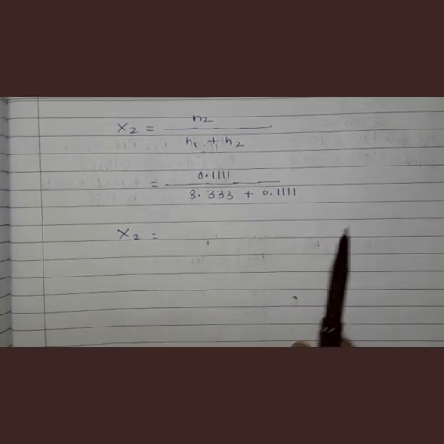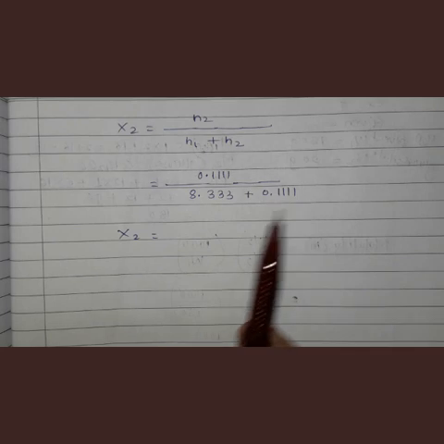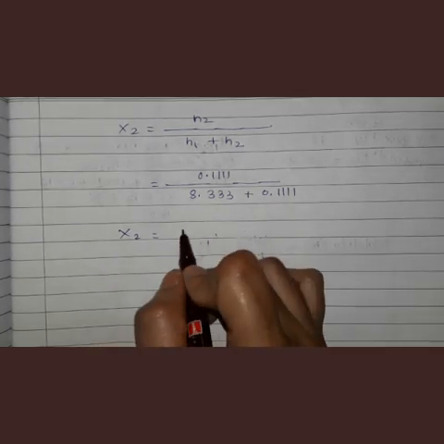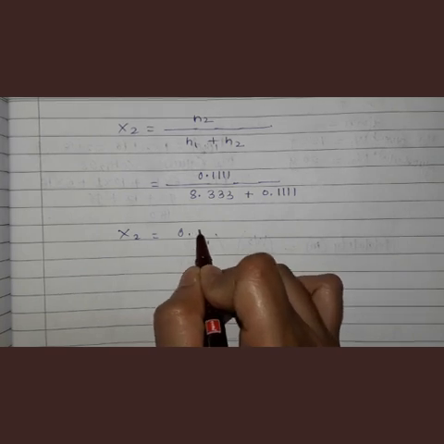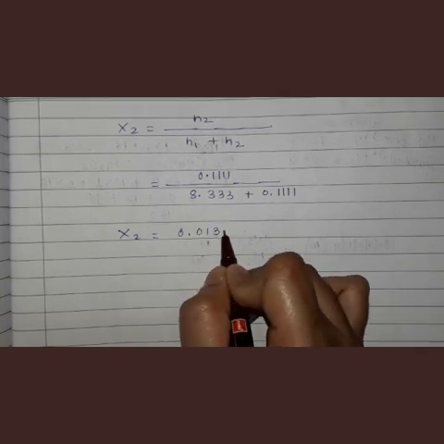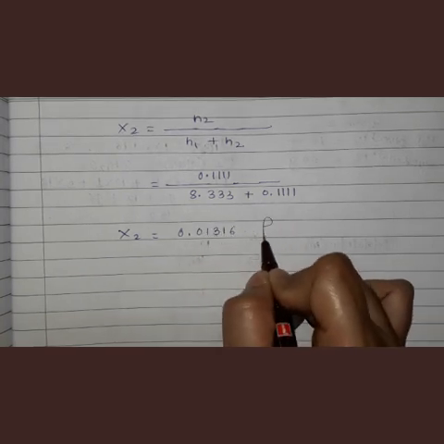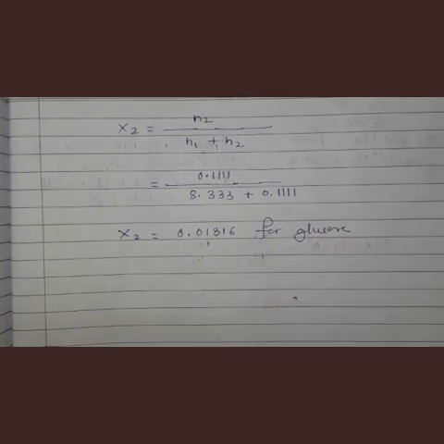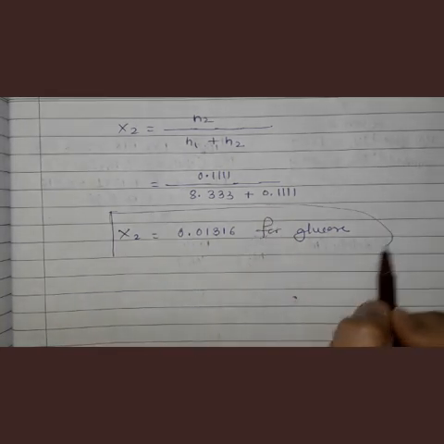You can solve it using a calculator also. So X2 is equal to 0.01316. This is for glucose, the solute, and they have asked to find the mole fraction of solute only. So this is your answer.